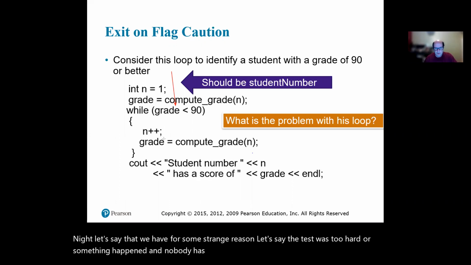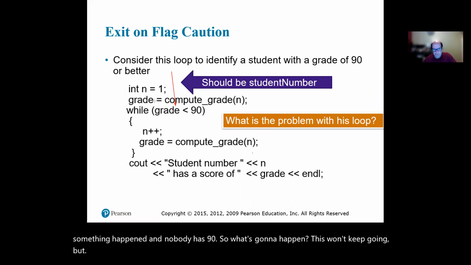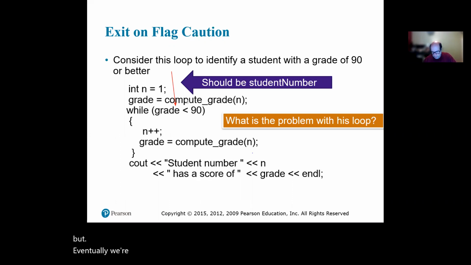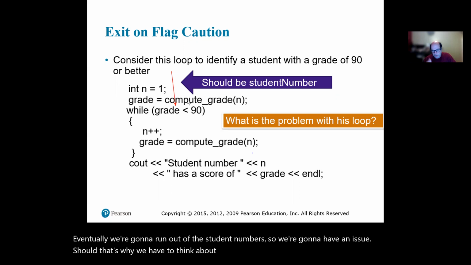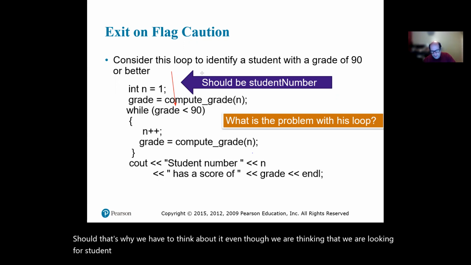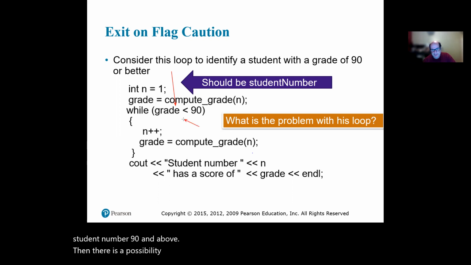What's going to happen? This will keep going, but eventually we're going to run out of student numbers, so we're going to have an issue. Even though we are thinking we're looking for a student with 90 and above, there is a possibility that nobody has 90, and then this is going to keep going. So we have to think about it.